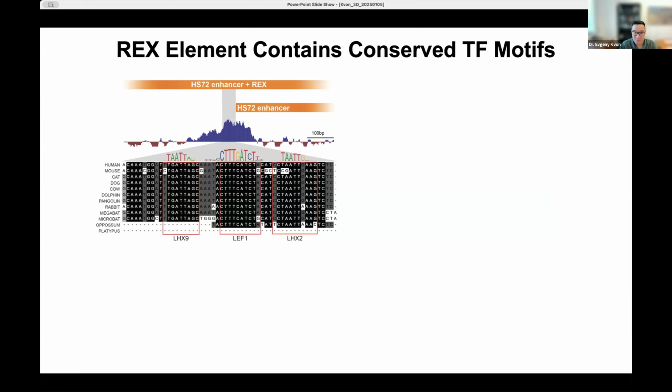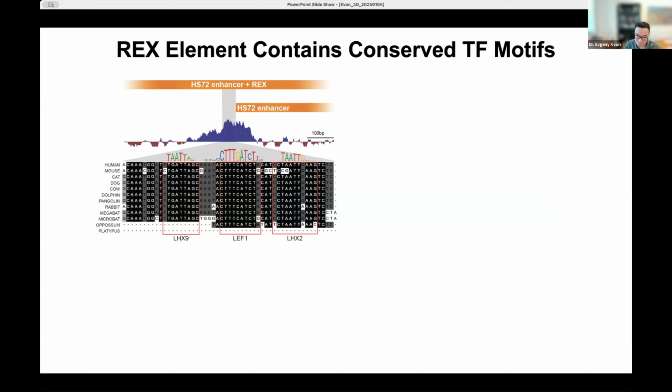CTCF is not involved here. But we found a couple of very conserved transcription factor sites that brought our attention. There were two binding sites for transcription factors called LHX2 and LHX9, and one binding site for a transcription factor called LEF1.